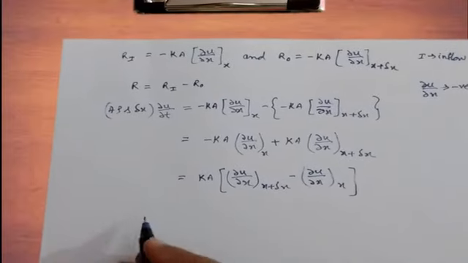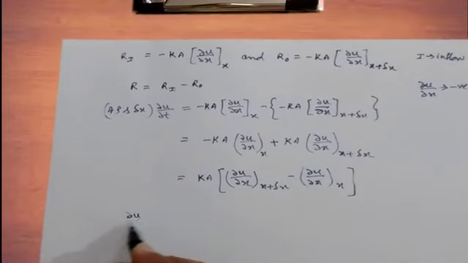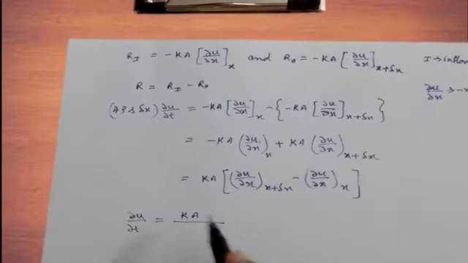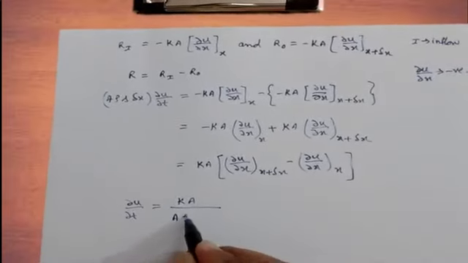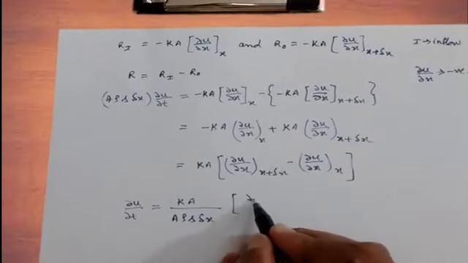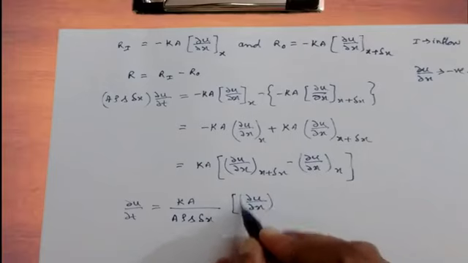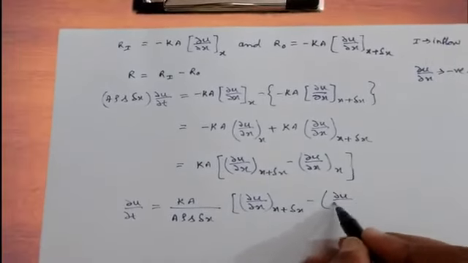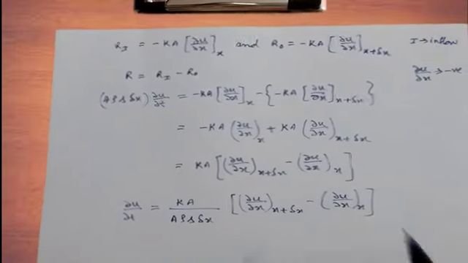So if you want to rewrite this, dou U by dou T will be equal to Ka divided by A rho S delta X times dou U by dou X at X plus delta X minus dou U by dou X at X.